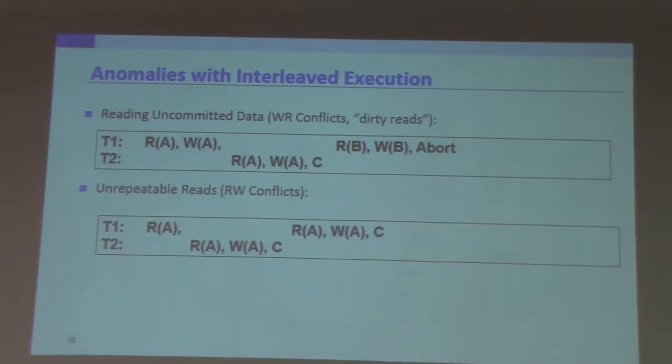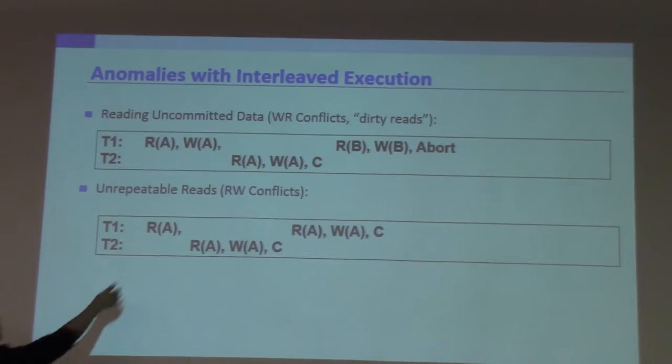Right, by the way, if repeatable read isolation level already doesn't allow you to see the same item read multiple times change value, obviously serializable isolation level will not allow that to happen as well, because it is a stronger isolation level than repeatable read. For that reason, we cannot allow RW conflict, because if you do allow it, there's a potential risk that the same object you have read already might have changed values because of the write operation from another transaction.